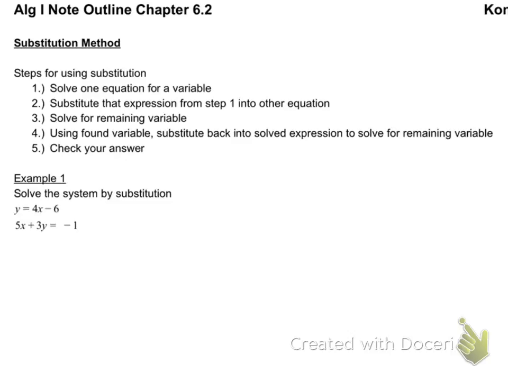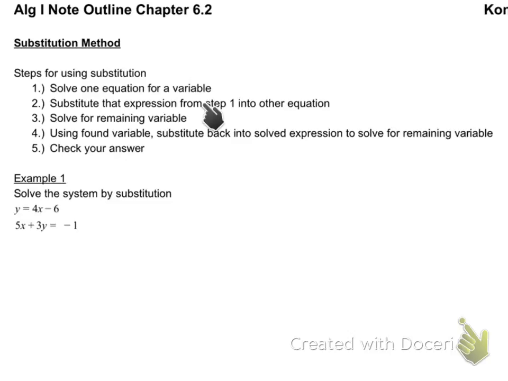Step 2, once I have a variable solved for, it will be something like y equals some x's, or x equals some y's. You're going to take that expression from the first step, and you will substitute it into the variable that you had solved for in the other equation.